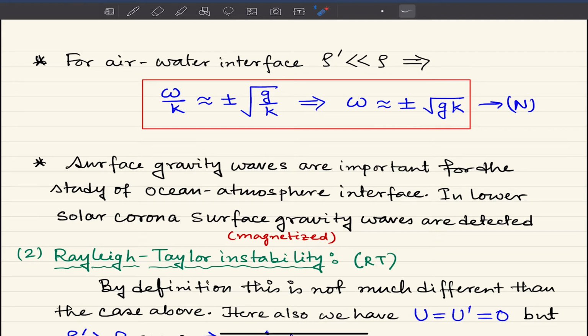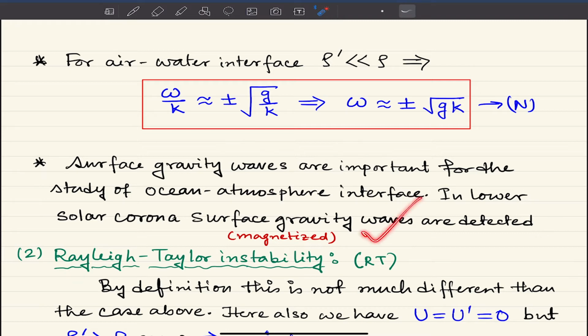Now surface gravity waves are mainly important for the study of the ocean-atmosphere interface. That's in oceanography. For the astrophysical framework, we can also have interesting things with the surface gravity wave, because in the lower solar corona it is observed that surface gravity waves are there, and then we cannot model the whole thing using neutral fluids.